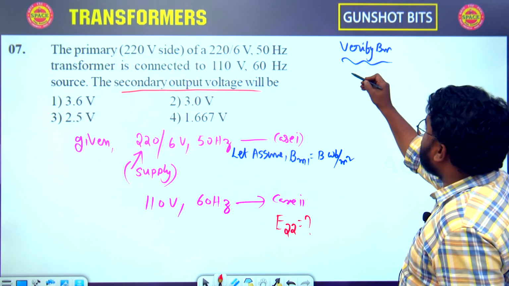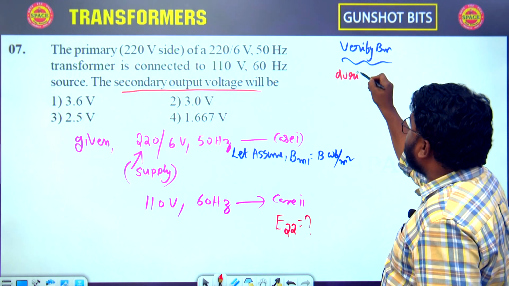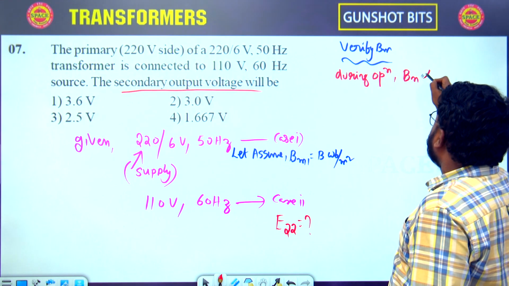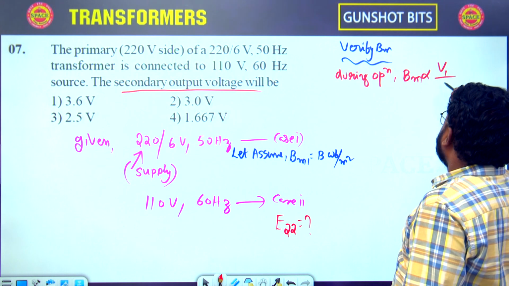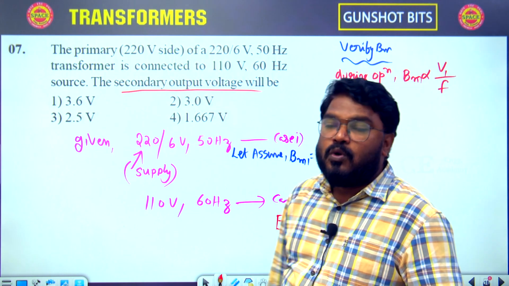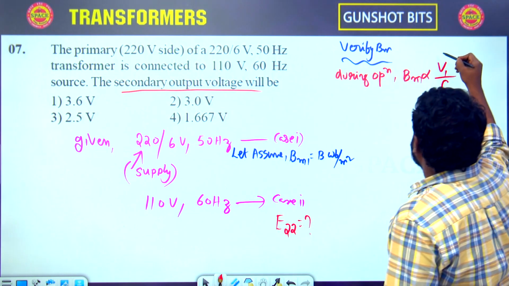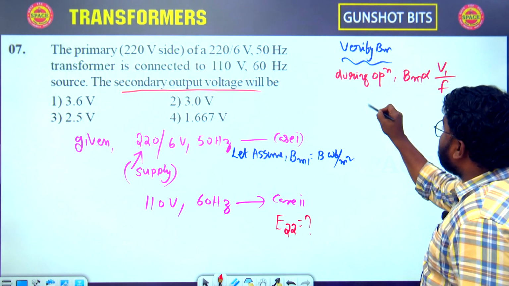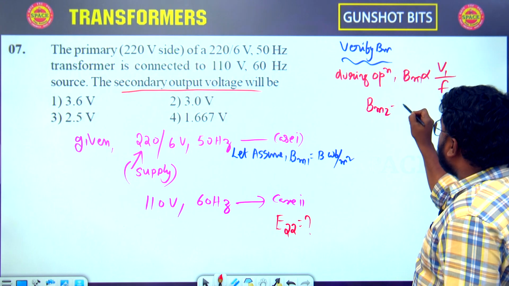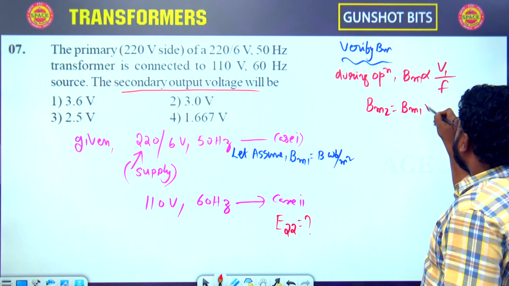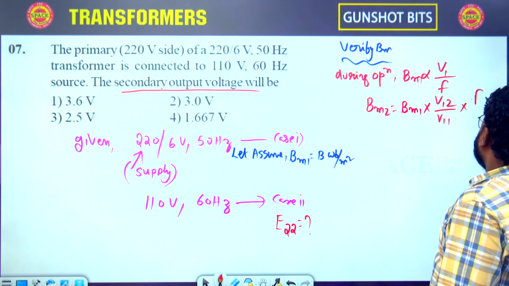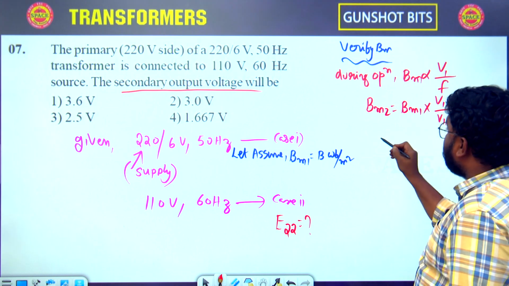During operation of the transformer, the flux density is directly proportional to the V1 by F ratio, where V1 is the applied voltage and F is the frequency. Therefore B maximum 2 equals B maximum 1 multiplied by V12 divided by V11, times F1 divided by F2.